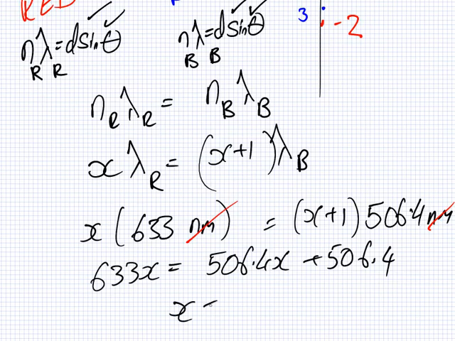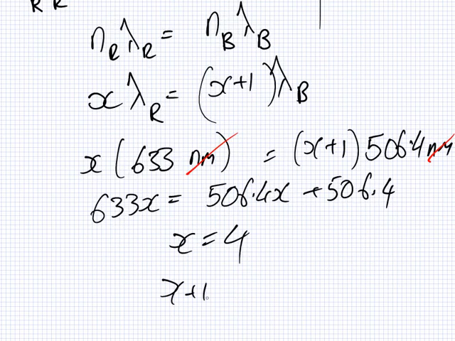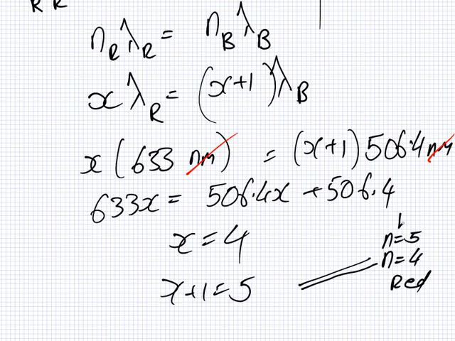So then x equals 4. So that means x plus 1 equals 5. So when the n is 4 for the red, that's at the same place as n is 5 for the blue.